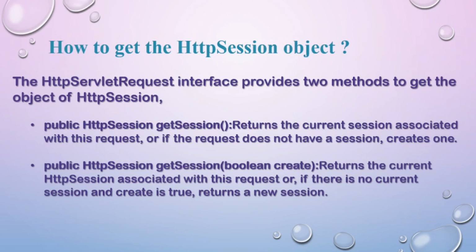The HttpServletRequest interface provides two methods to get the object of HttpSession. Public HttpSession getSession returns the current session associated with this request, or if the request doesn't have a session, creates one.